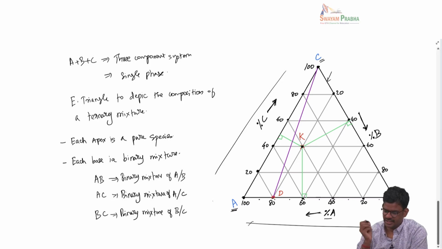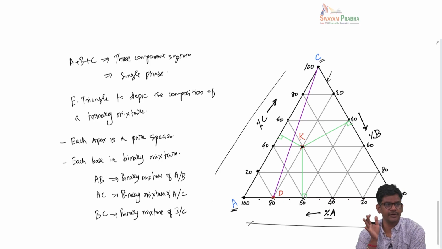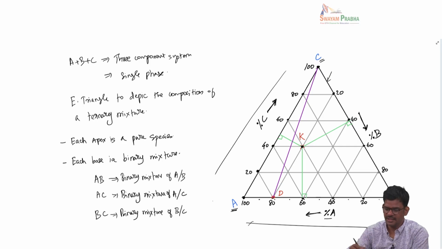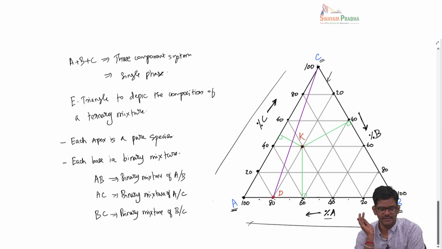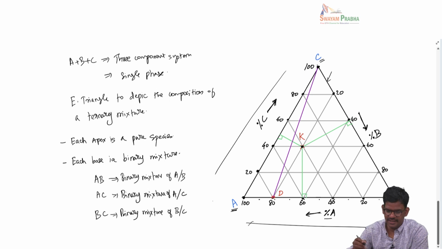So let's say we have point K and we want to know what is the percentage of A, B, C corresponding to point K. I already said that this line AB is where C is 0 and here C is 100. So the way we do that is I take a ruler.